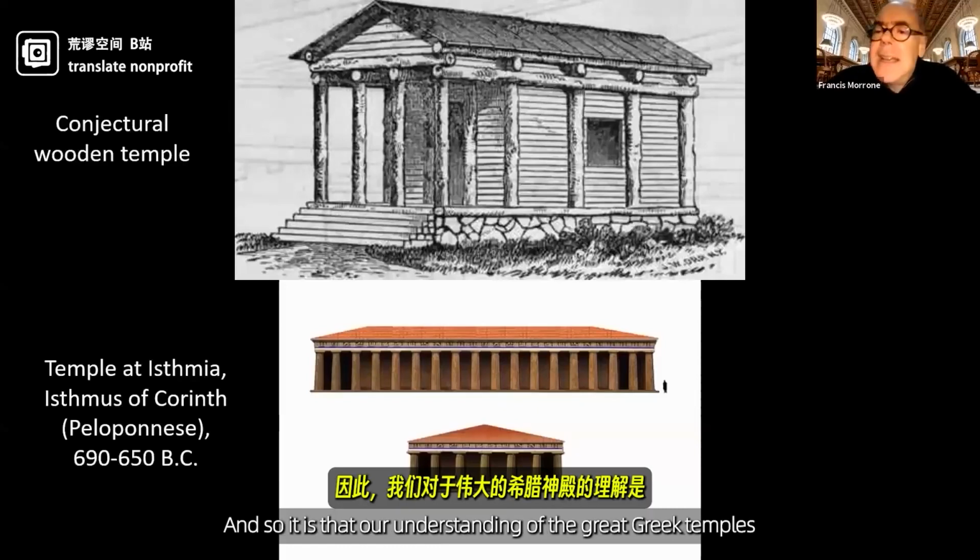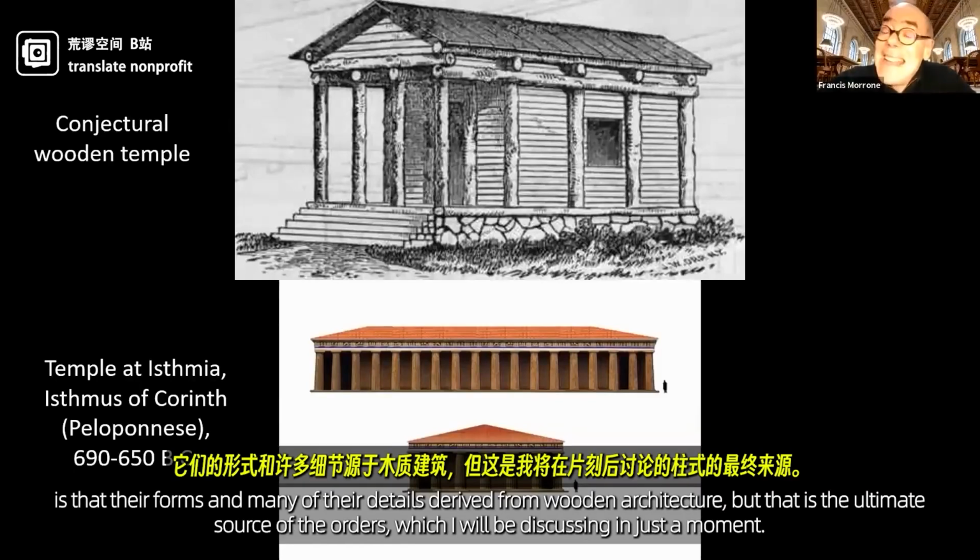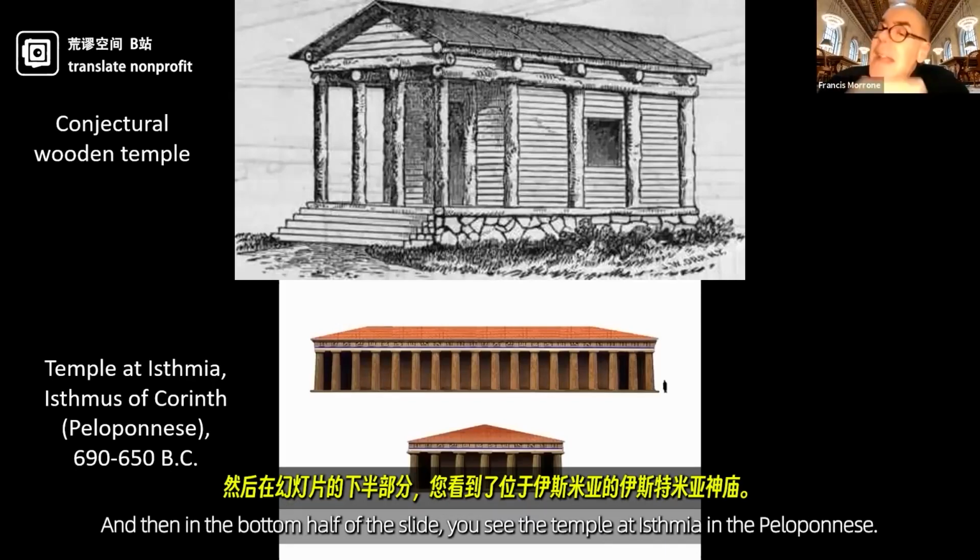And so our understanding of the great Greek temples is that their forms and many of their details derived from wooden architecture, the ultimate source of the orders, which I will be discussing in just a moment. And in the bottom half of the slide, you see the temple at Isthmia in the Peloponnese.